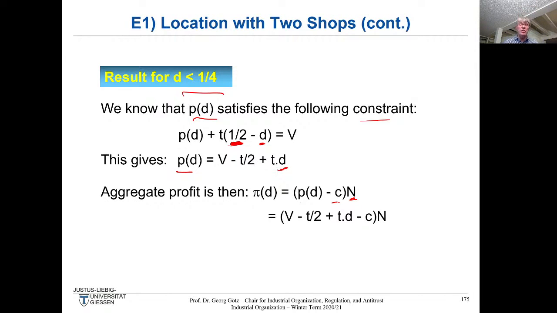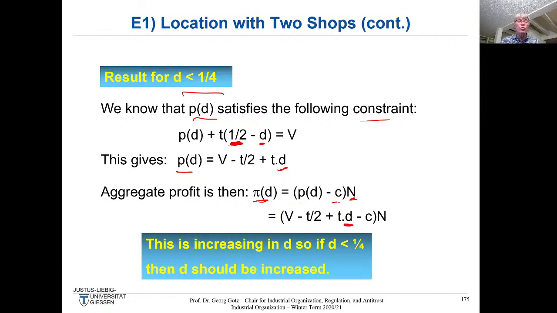If we take the derivative, or if we just increase d, we see our profit will increase. So that's already the formal proof for the fact that it's not optimal to have a d smaller than 1/4. Remember, our definition holds only for d smaller or equal to 1/4. If we have a d chosen which is smaller than 1/4, our profit would increase if we increase d. Should be clear and is already clear from the diagram.